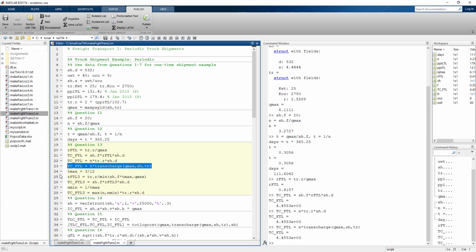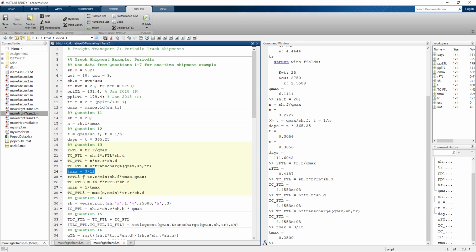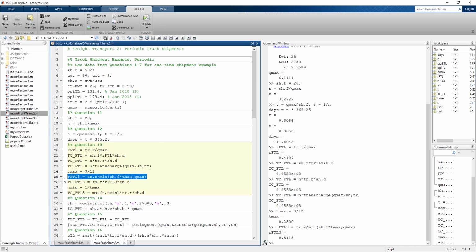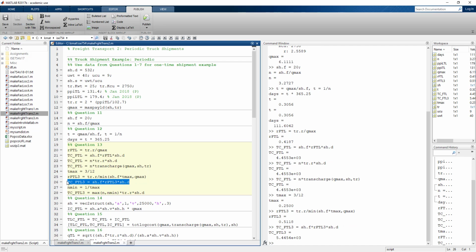For the second part of this question, we're given an interval constraint that the shipments have to be done at least every 3 months. So that maximum time is 0.25 years. So we can revise the rate to represent the facts on a dollar per ton mile basis, and we get this result.